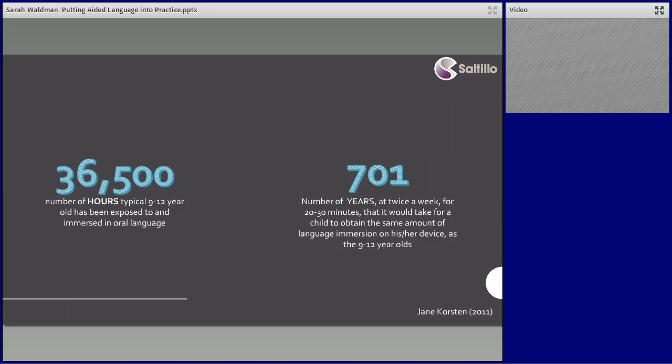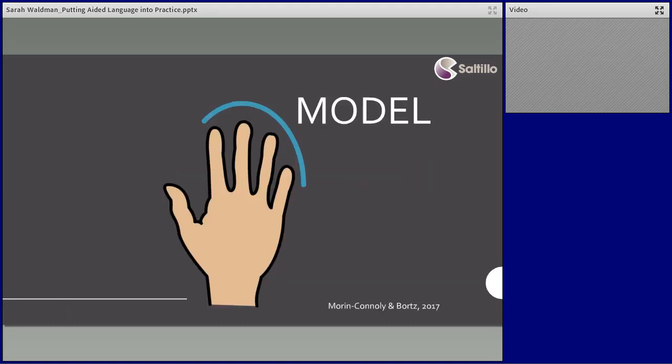It would take them 701 years at that rate to obtain the same amount of language immersion on their device as a typical 9 to 12-year-old that's hearing it that many hours. So it's really something to think about when you are starting to facilitate use of a device.